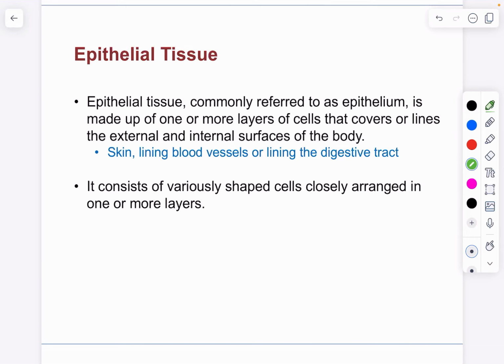You can find epithelial tissue on the skin. You can find it lining blood vessels. You can find it also in the digestive tract as well as the respiratory tract. And it consists of, we're going to eventually talk about the variously shaped cells and that they are closely arranged in either one or more layers.